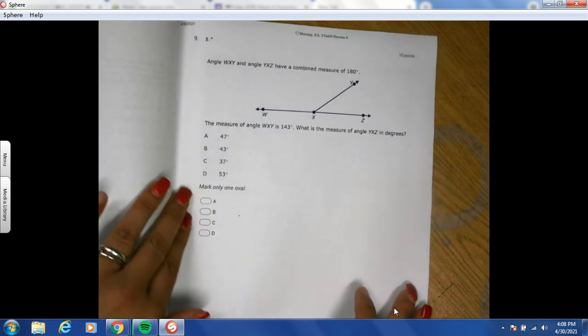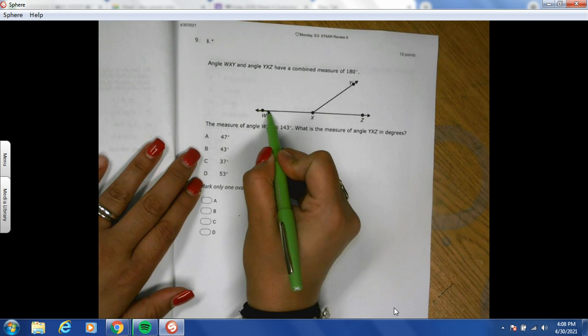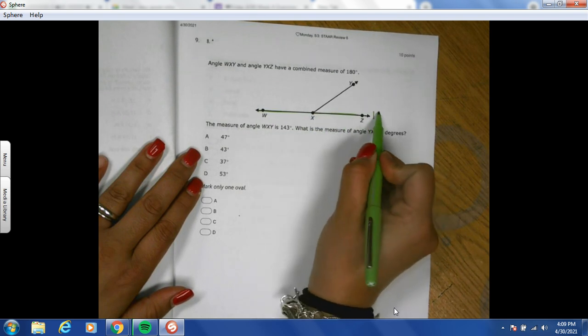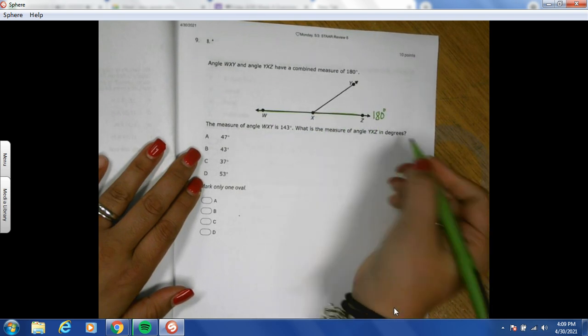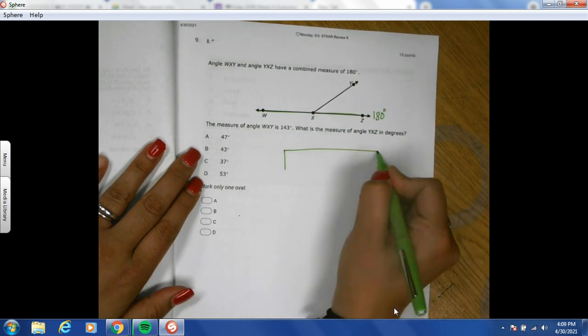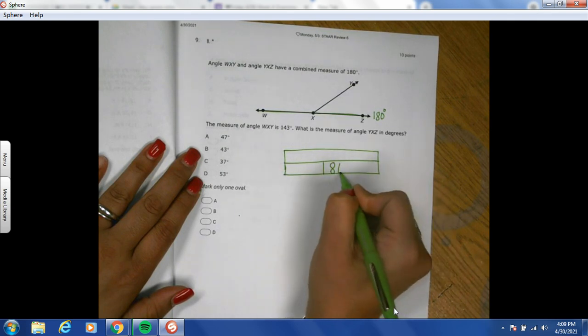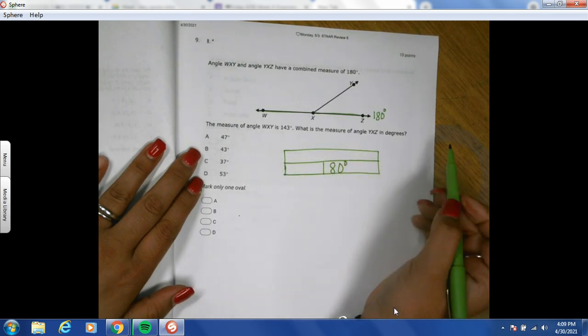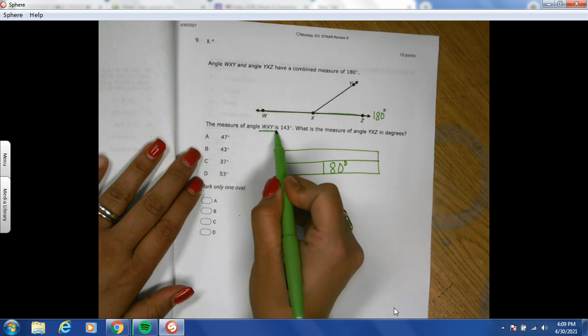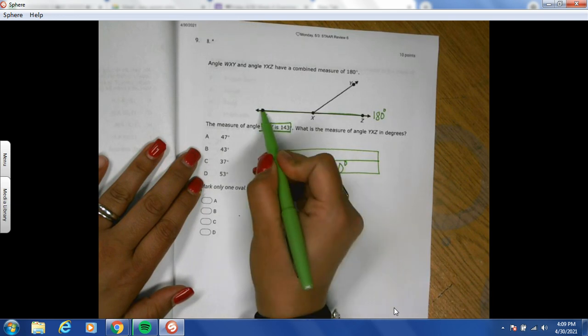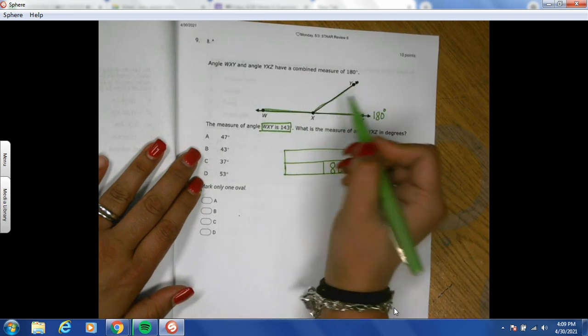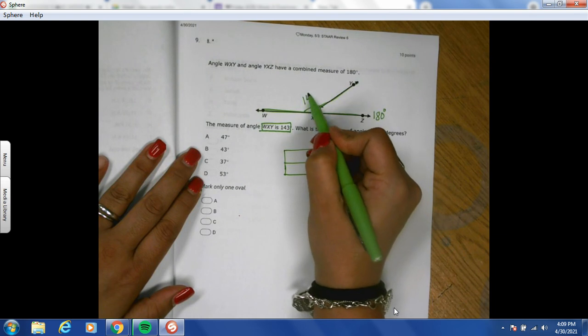On the next one, this angle measures 180 degrees. Este ángulo mide 180 grados, que es el total, which is the total. Draw your strip diagram. Then angle WXY measures 143 degrees.